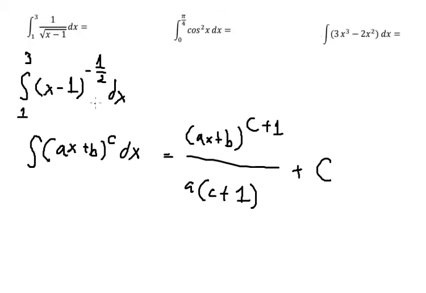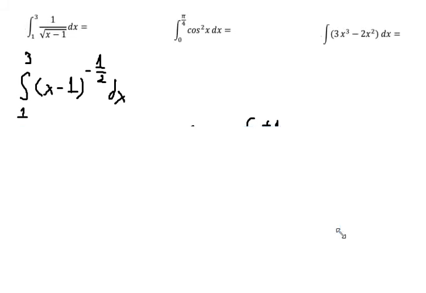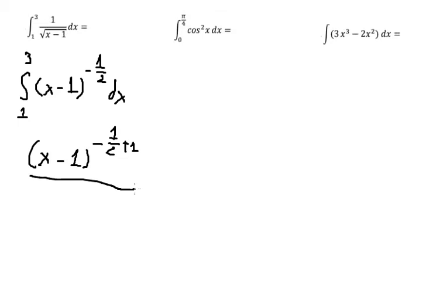Now we can apply the formula for this one, and you get (x minus 1) to the power of negative 1 over 2 plus 1, over negative 1 over 2 plus 1, and we put the bounds from 1 to 3.